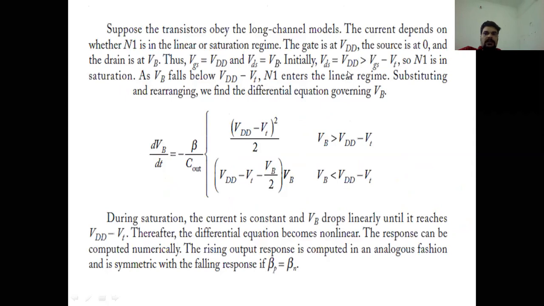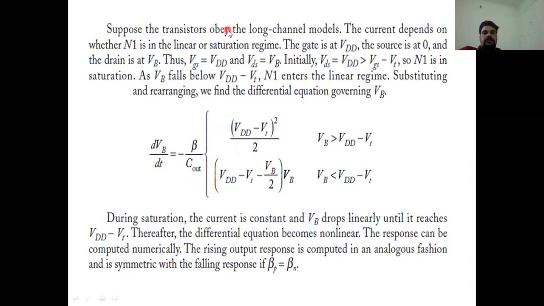Now, this process will not continue up to infinite time. As long as your VB is greater than VDD minus VT, N1 will operate in saturation region. When VB falls below VDD minus VT, N1 will enter the linear region. Okay. So for the linear region, the drain current equation will be different, and it will be this equation.